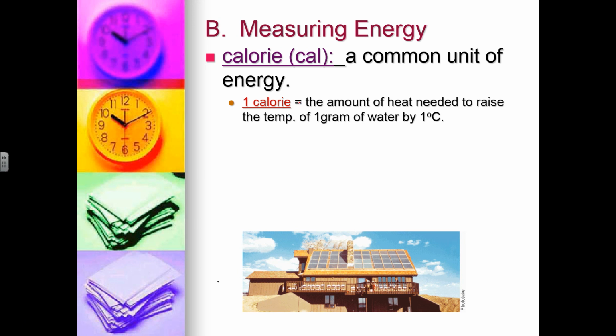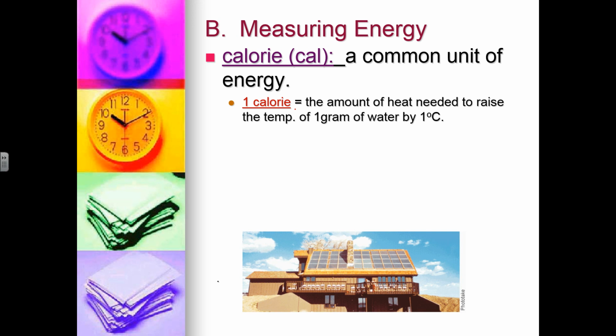I don't know if you've ever thought about it, but calories have a definition. If you have like 500 calories in a candy bar, that's a lot of calories to intake at one time. But the way those are determined is with a device called a calorimeter.